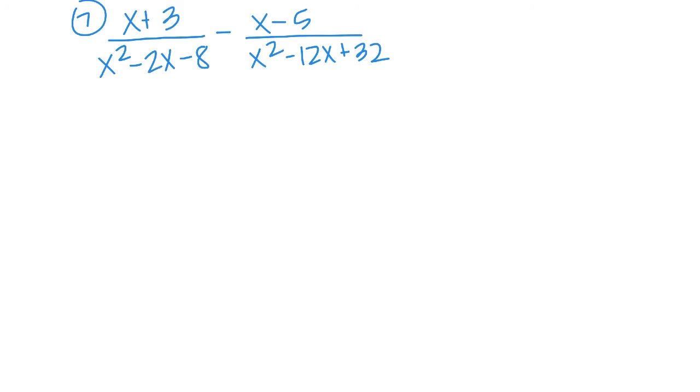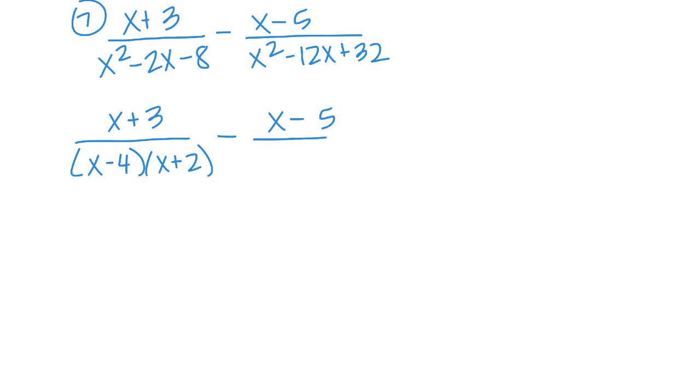Okay, so same thing, factor the denominators. Two numbers that multiply to get -8 and add to get -2: x minus 4, and x plus 2. And I need two numbers that multiply to get positive 32 and add to get -12: x minus 8, x minus 4.